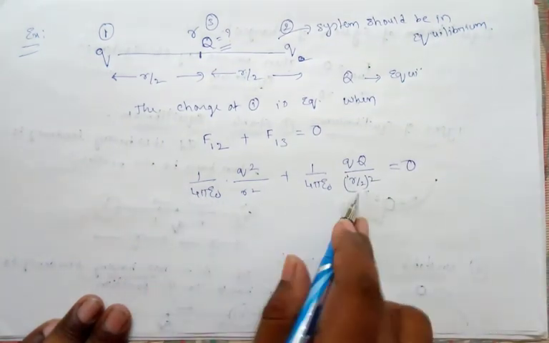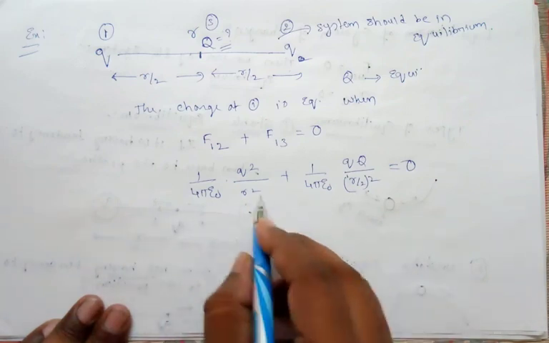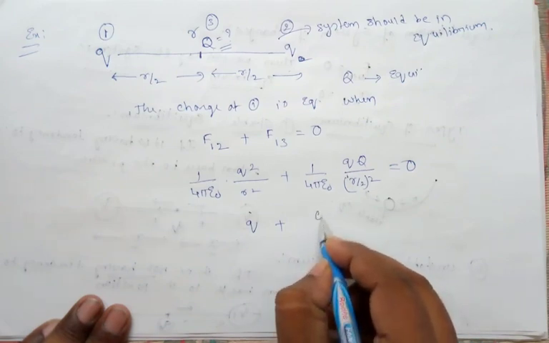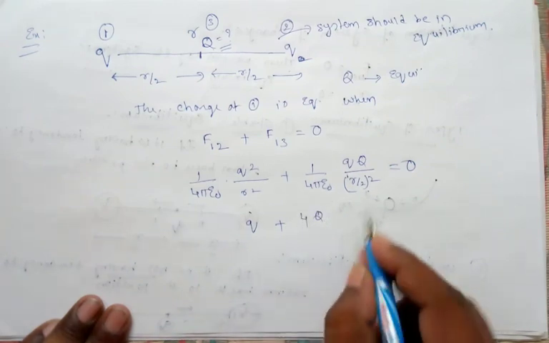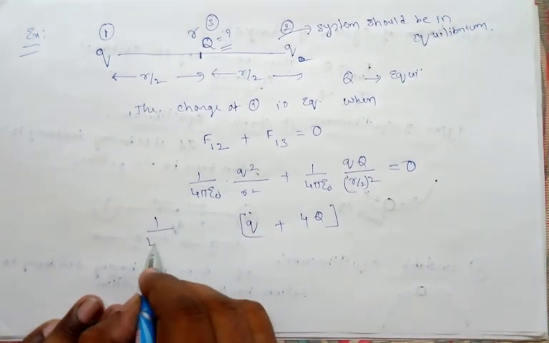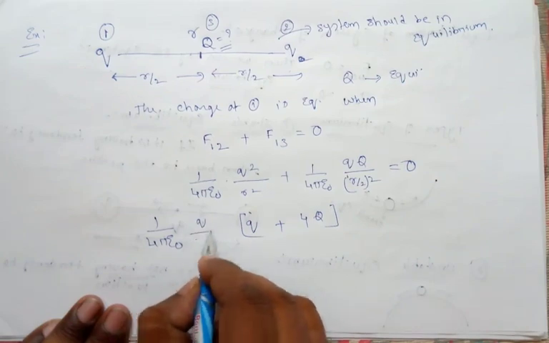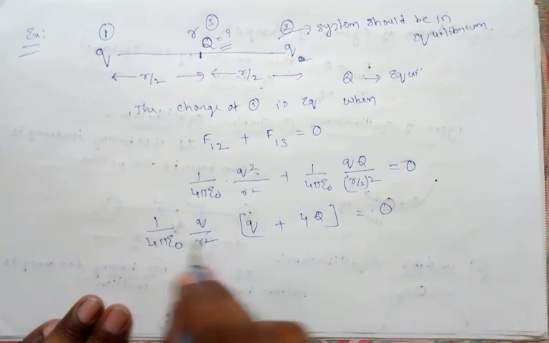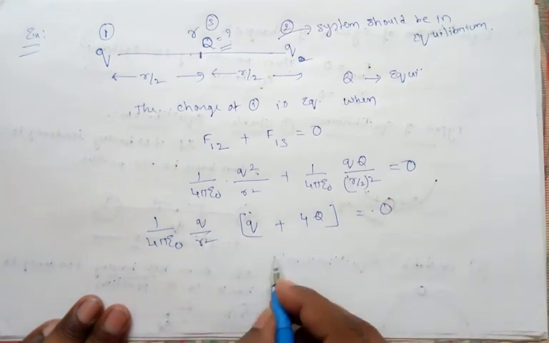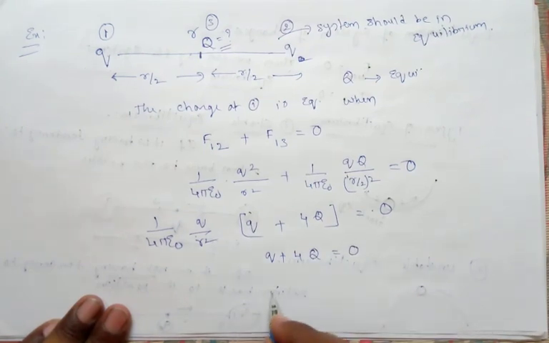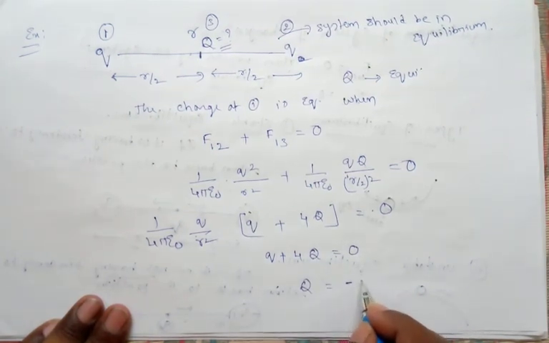Then you can take common, and remaining is q here, and here capital Q into 4 will be there because of 1 by r square by 4, and common is 1 upon 4 pi epsilon naught q by r square equals 0. Then this product is 0, so 4 plus q plus 4Q is 0, therefore Q is equal to minus q by 4.